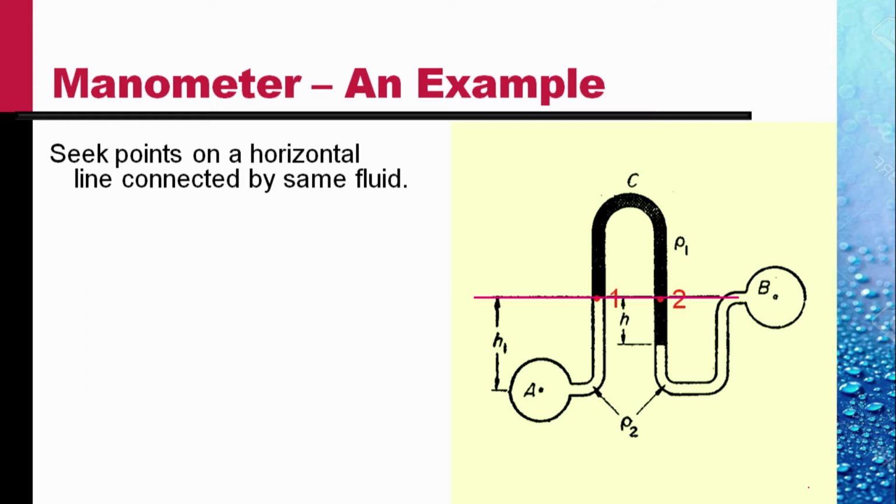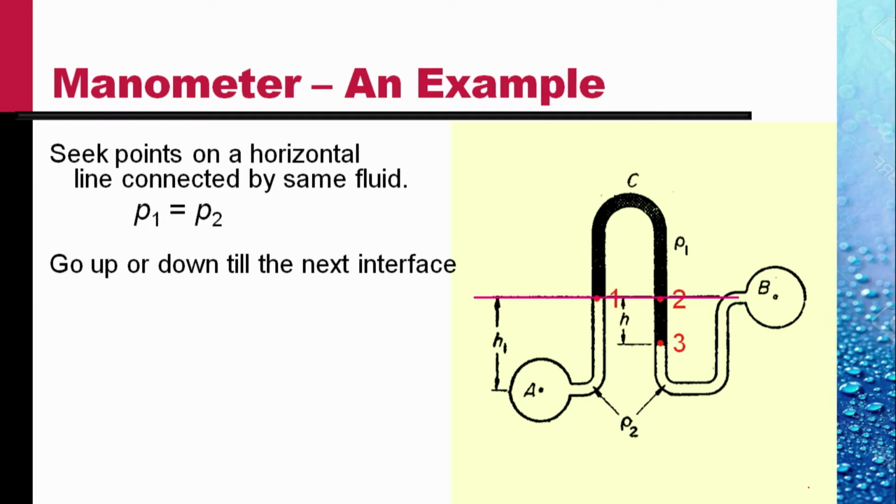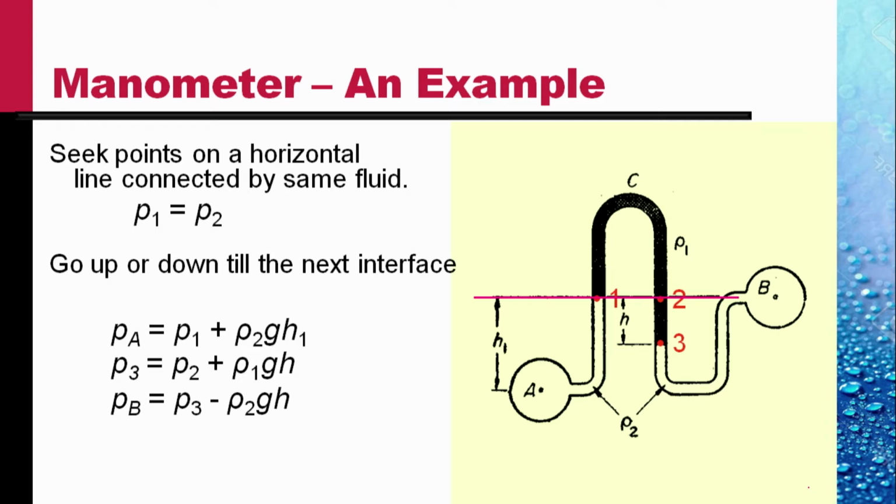We'll exploit this fact to calculate the pressure difference PA minus PB. We go up or down from points 1 and 2 till the next interface. In this case, PA is clearly P1 plus rho 2 g h2.